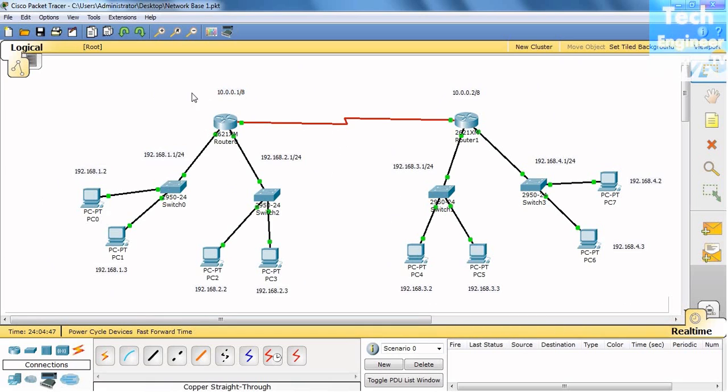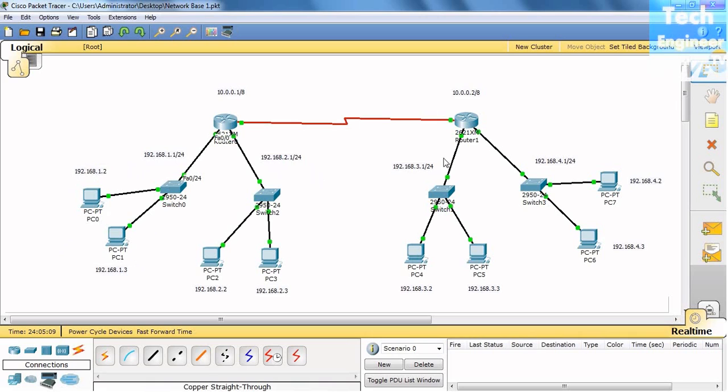this particular router is connected and has some PCs connected with it, and these PCs are connected with another subnetwork, which is 192.168.1.1, similarly 192.168.2.1.